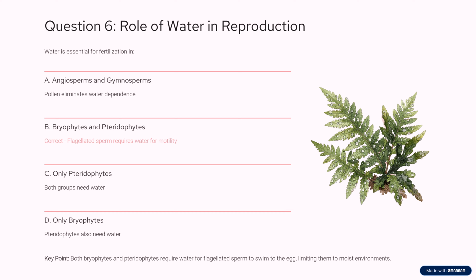D. Only bryophytes. Pteridophytes also need water. And the correct option is B, bryophytes and pteridophytes. Flagellated sperm requires water for motility. Both bryophytes and pteridophytes require water for flagellated sperm to swim to the egg, limiting them to moist environments.